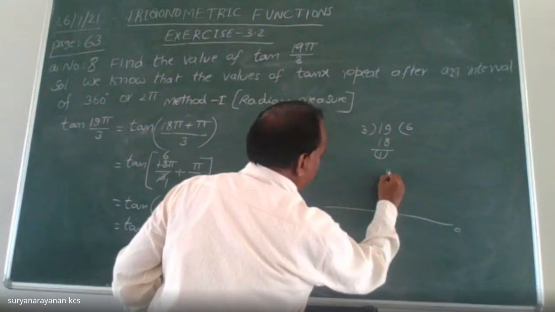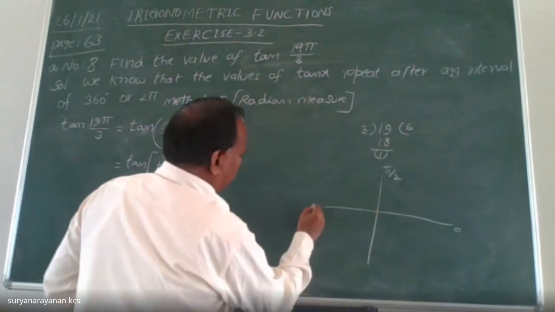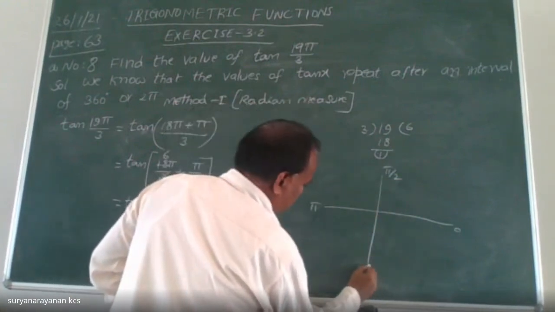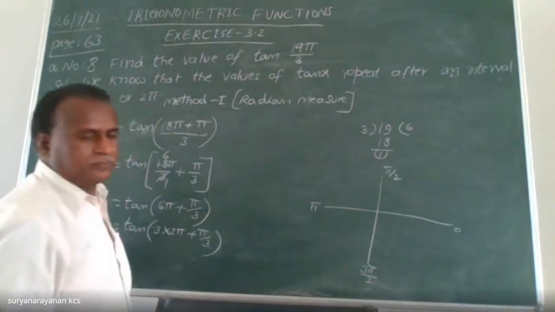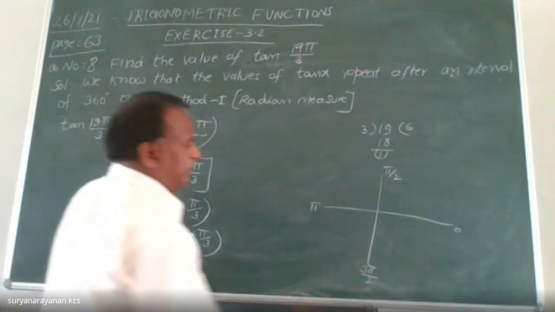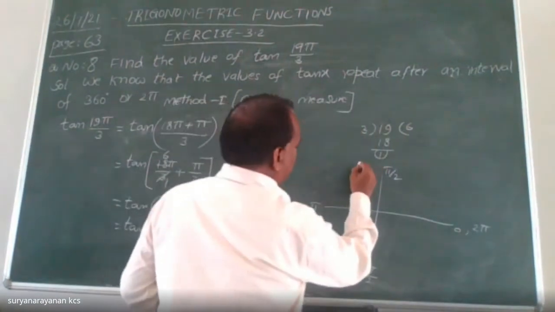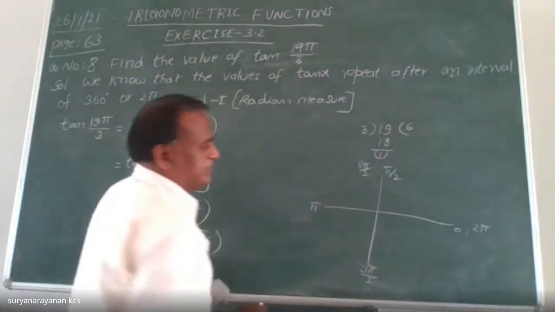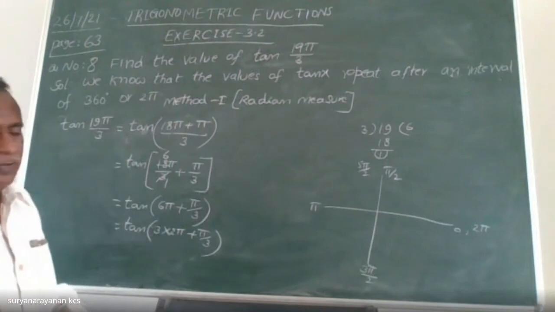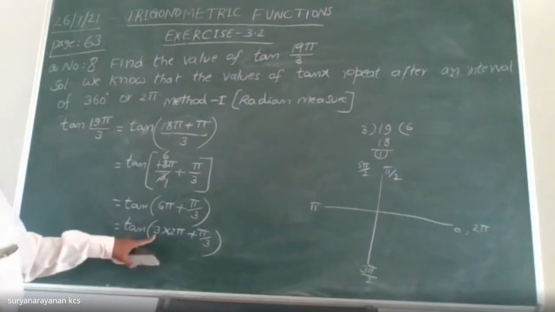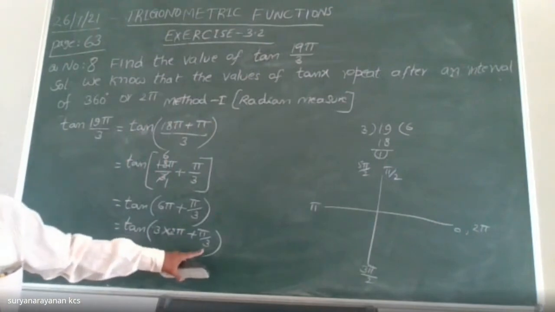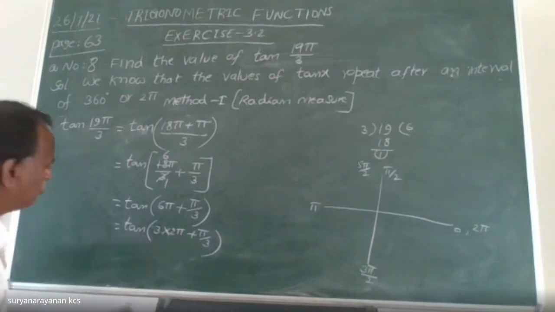Here 0, here pi by 2, here pi, here 3 pi by 2, here 2 pi, here 5 pi by 2. Like this. After rotating this angle 3 times, we get this.